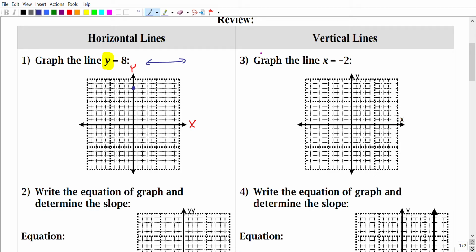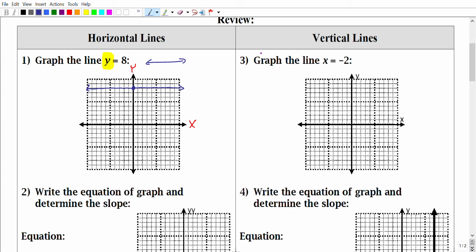Right there. And it has to be a horizontal line, so try to use a straight edge and draw that line. Again, y equals means it has to be a horizontal line.